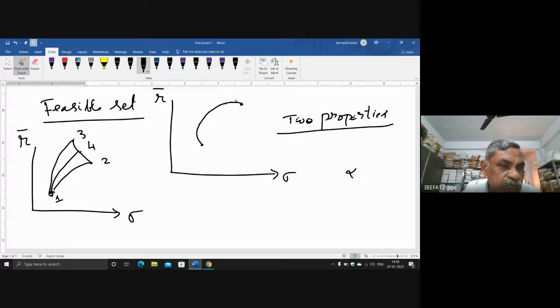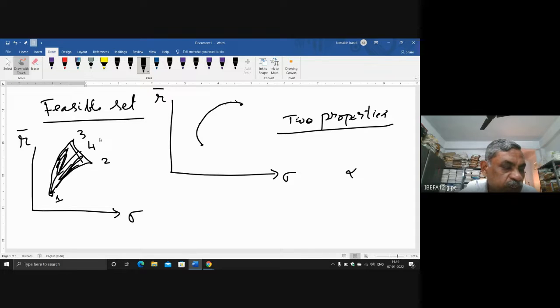Now when there are, let us say, three assets, each asset having different mean and standard deviation characteristics, the feasible set will be a solid two-dimensional region. Okay. The combinations of assets 2 and 3 sweep out a curve between those 2 points.